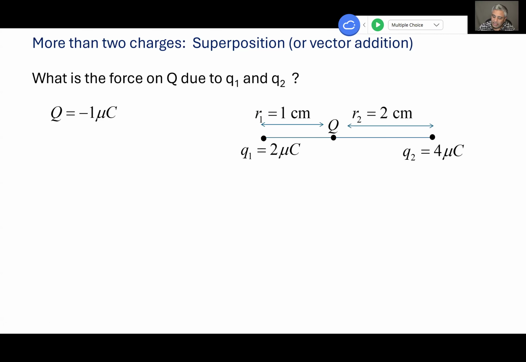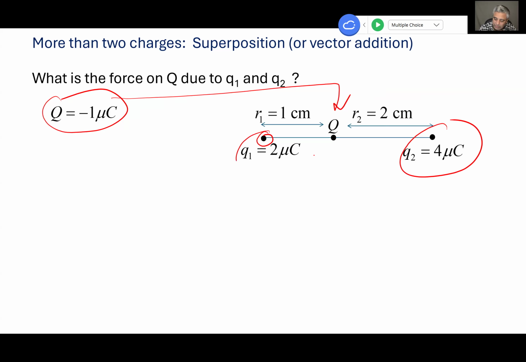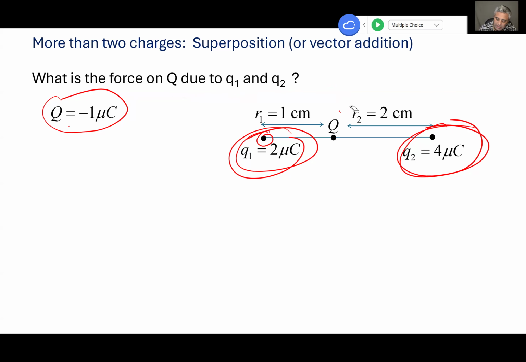So now here is basically a similar question. In this case, this charge, see, this is a negative charge now at the middle. This charge is given, and both of these are positives, okay? But Q that is in the middle is negative, and distances are given.